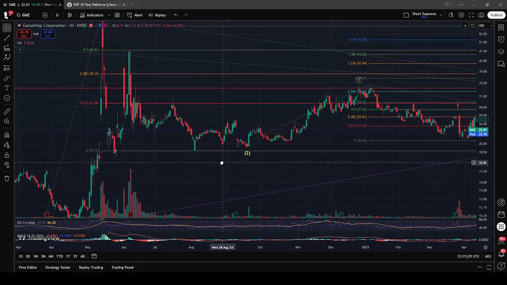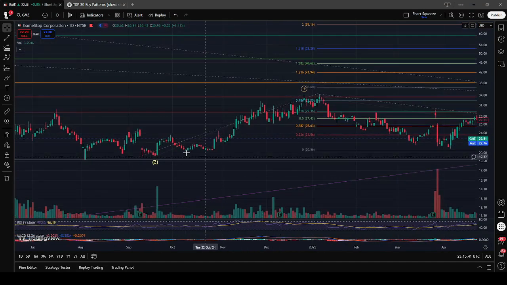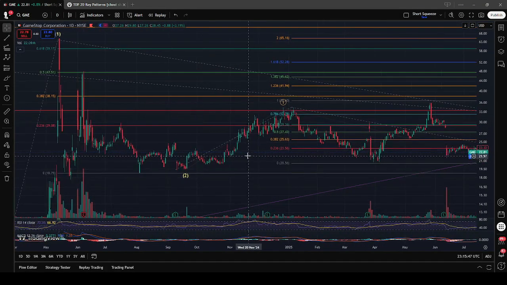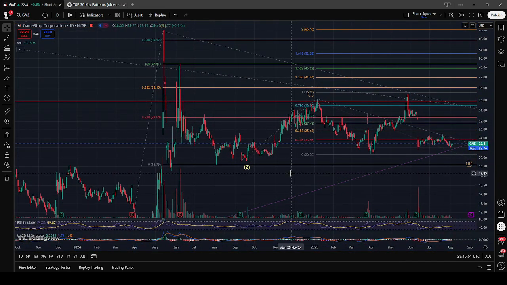It'd be something like that. And then we would have the starting move, right? C, A, B, C. And then we would start here, 1, 2, 3, 4, 5. And this would end up being the 1 of a much smaller wave, right? So that currently is how I am counting it.